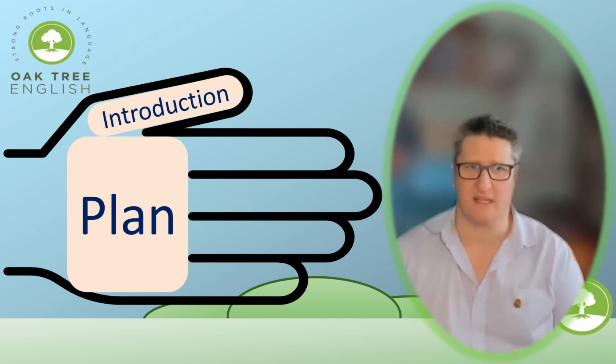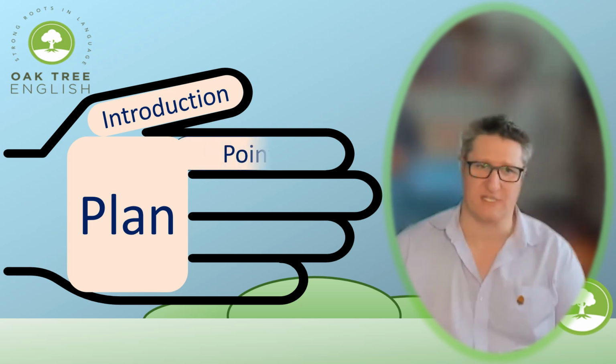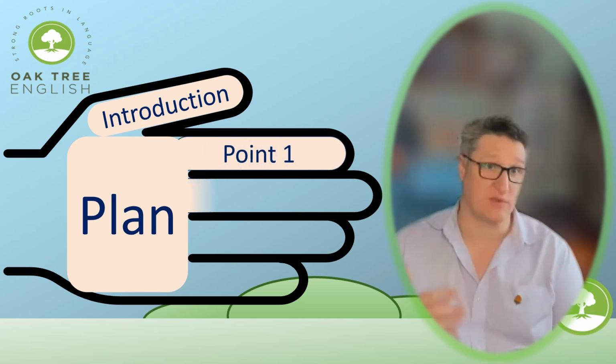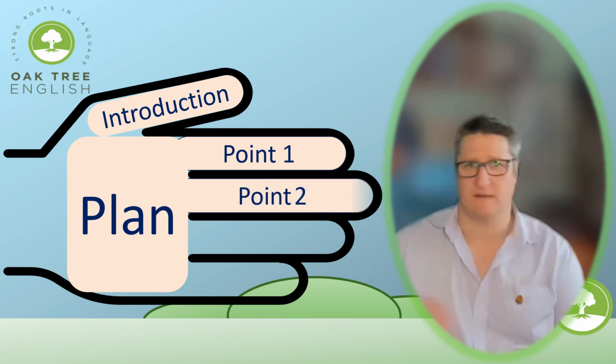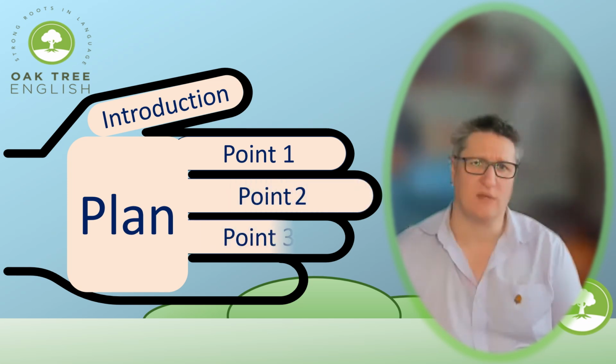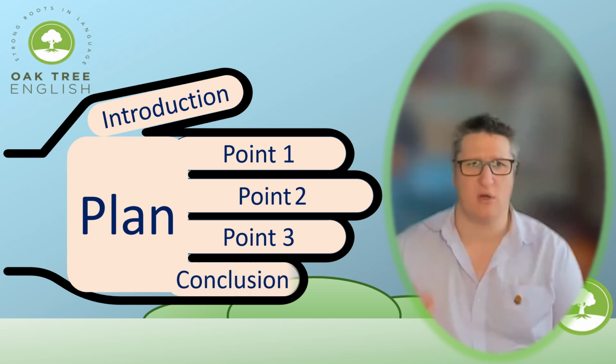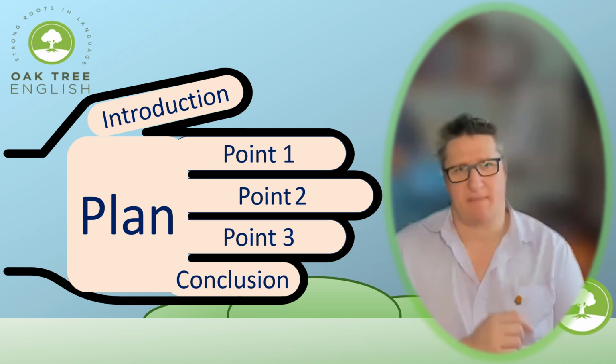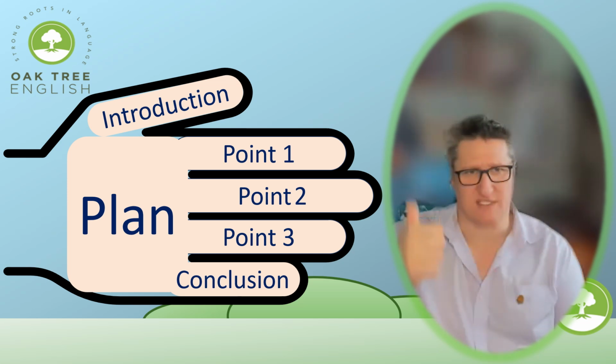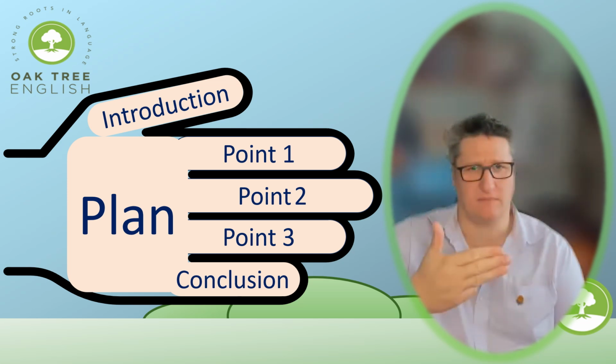This is followed by 3 main body paragraphs, each with a supporting point. Finally, you will have a concluding paragraph, which sums up what you've already said. A good thing to remember is, tell them what you're going to tell them, tell them, tell them what you've told them.